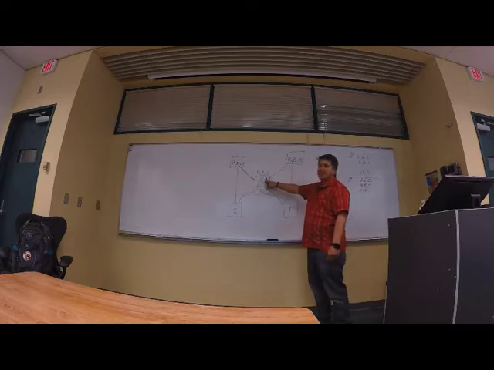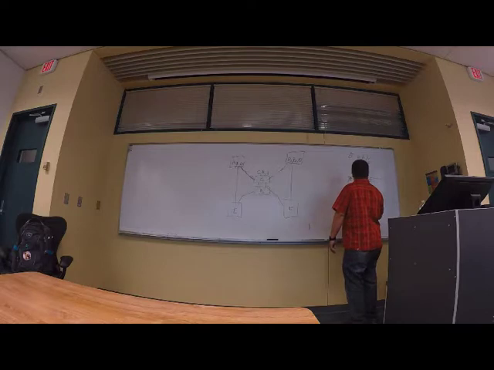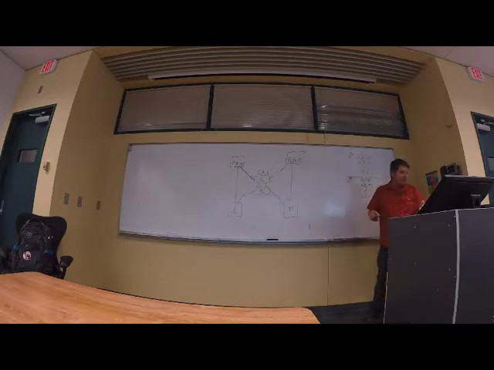So it receives C, C, 0, so D believes that now it's C, 1. And E is what? E, A, 1. And F is what? F, B, 1.